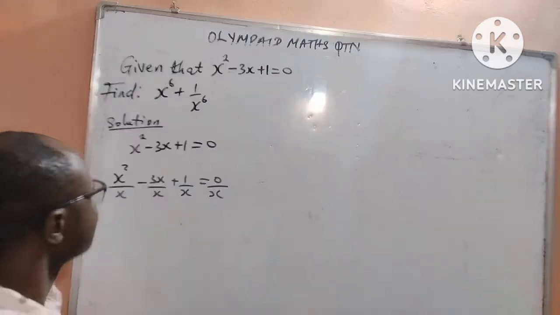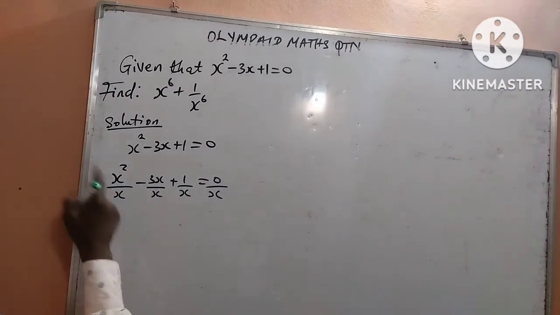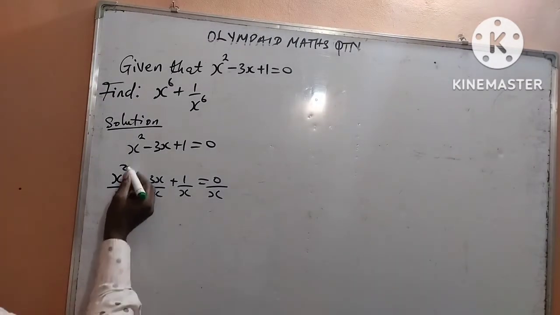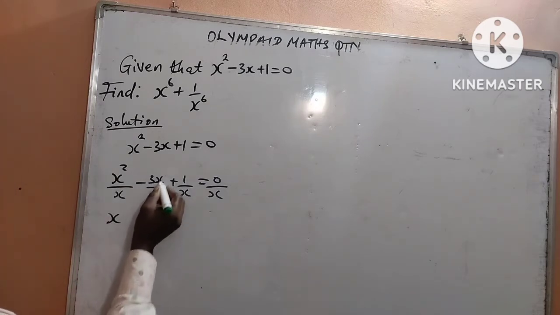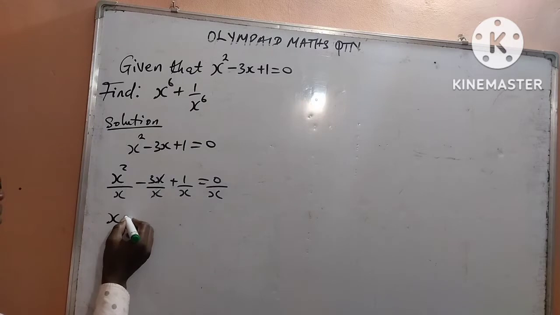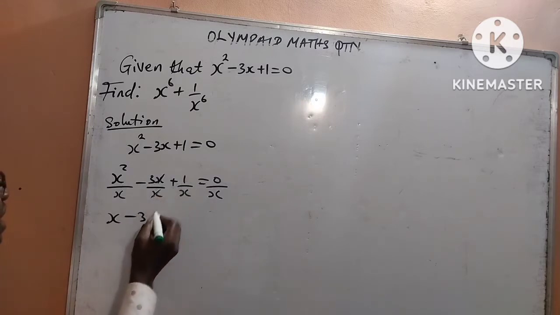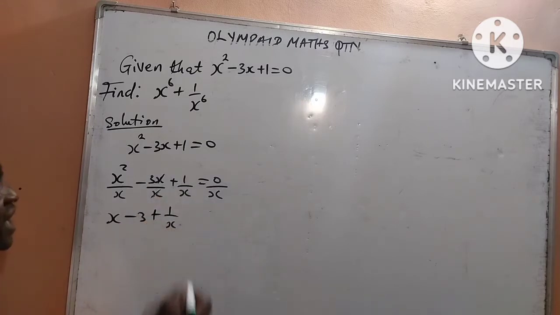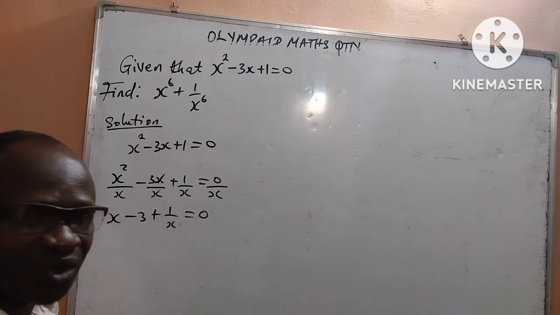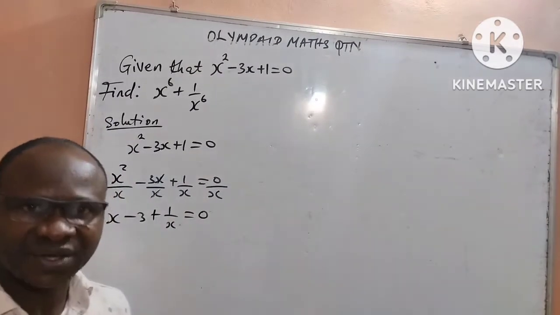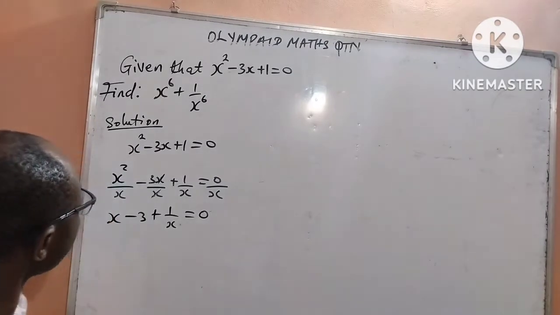From the first expression, x will cancel one of the x above to give me x. Then here x will cancel x to give me minus 3. Here I will still get 1 all over x. And at the right hand side I will get 0 because 0 divided by x will still give me 0.